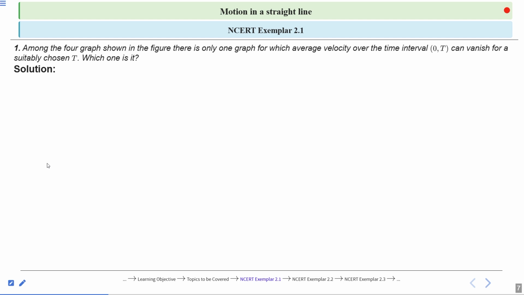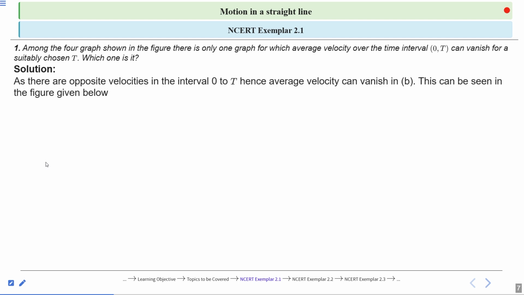So, as there are opposite velocities in the interval 0 to t, the average velocity can vanish in B. This can be seen in the figure given below. Look here.